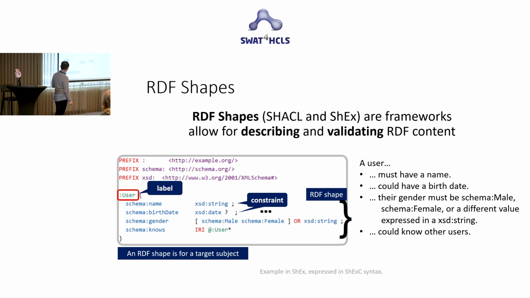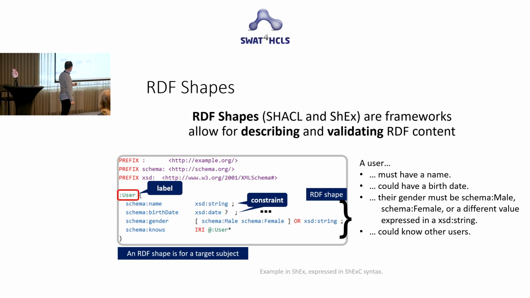So this is a label, and there's an open parenthesis here, and then specifications for properties, and for each property there's a specification. For example, a user must have a name, and could have a birth date, because this is a question mark. Question mark means zero or one property or object for this property.